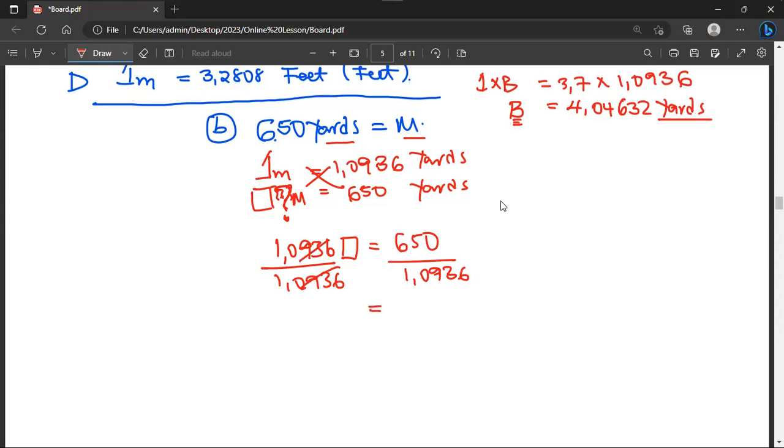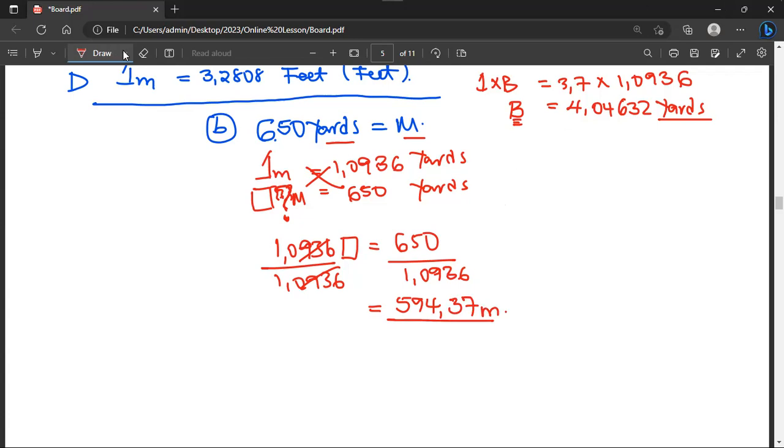So the answer becomes the value in meters.